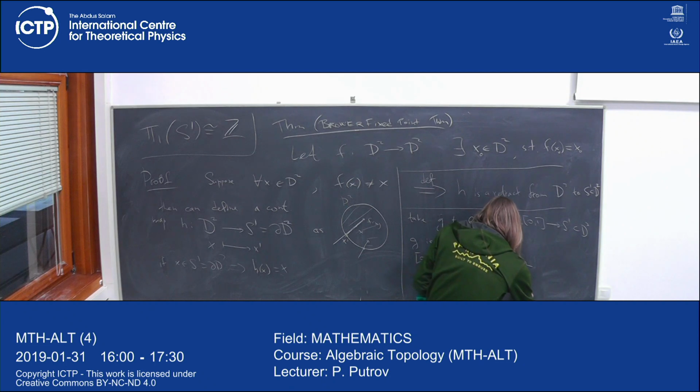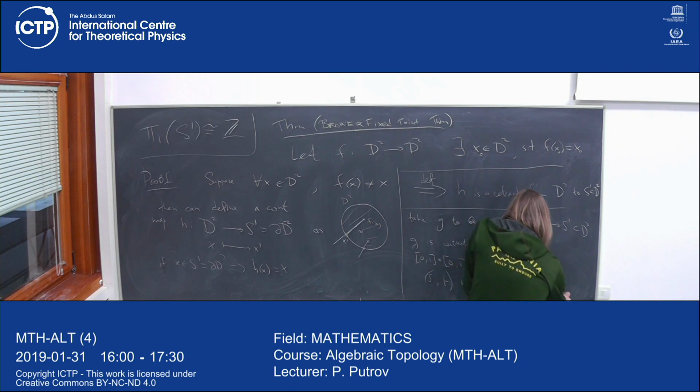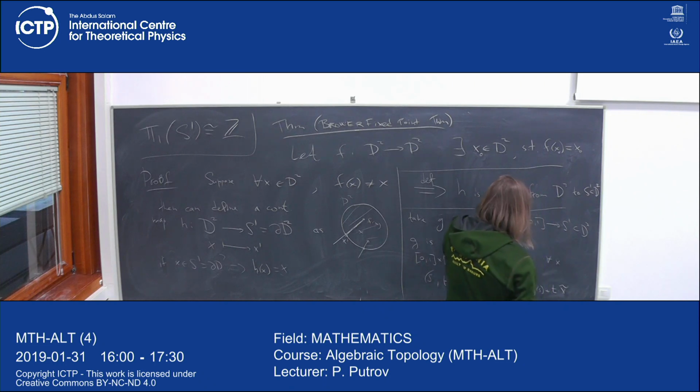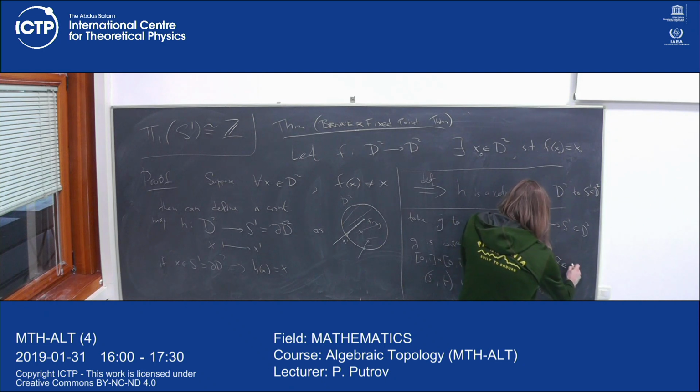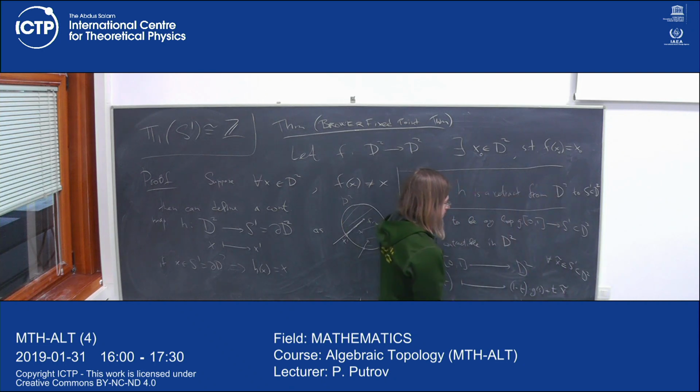So we take (1 minus t) times g of s plus t times x0. Well, okay, sorry, x0 is already reserved. Let me denote it x tilde, for any x tilde; I can choose x tilde in particular to be in S1, the boundary of D2.